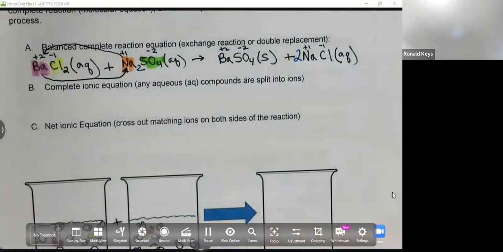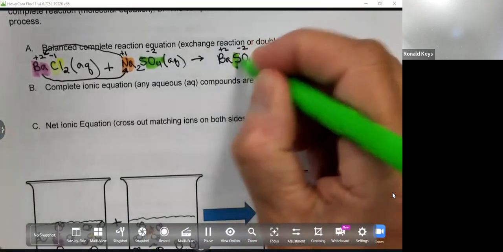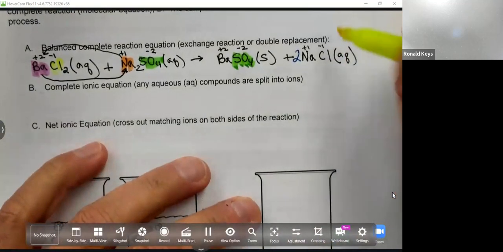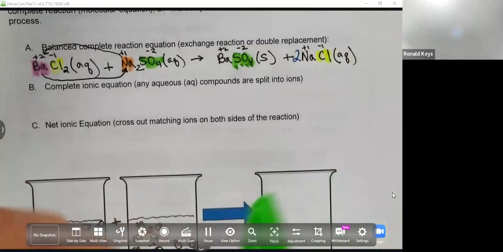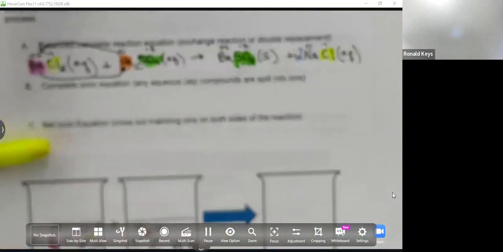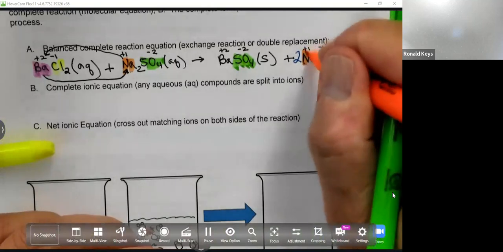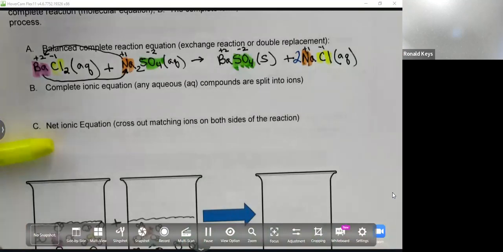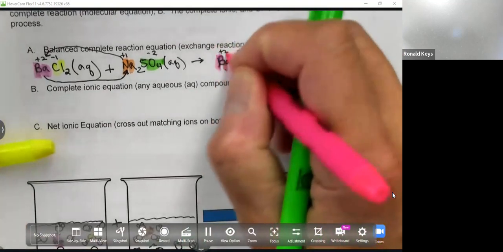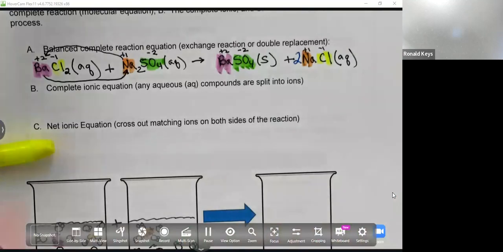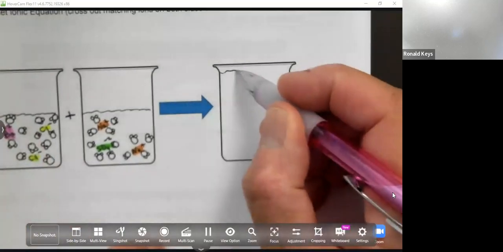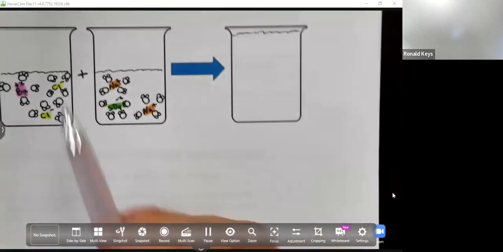All right, so I want to make sure that here's my sulfate. Here's my chloride. Here's my sodium. And my barium. So now when I dump these together, I'm going to fill my beaker up to here because I have half full.